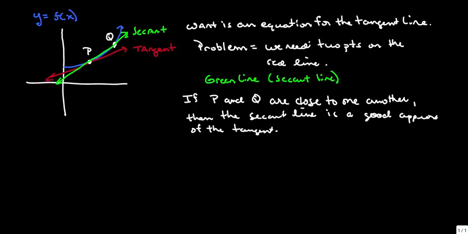So if Q was even closer, let's say Q is down here, and we drew the green line through it, it would be really close to the red line.